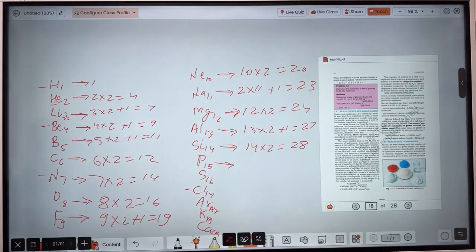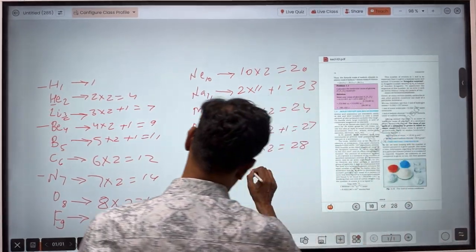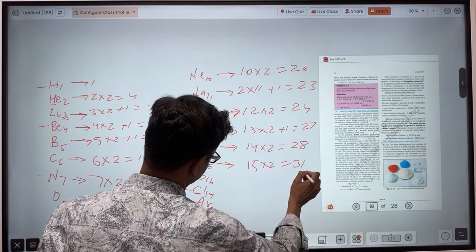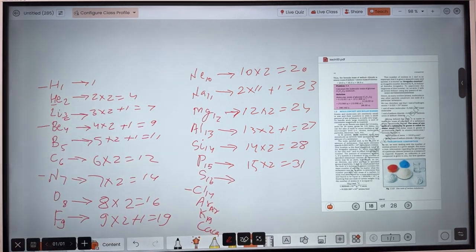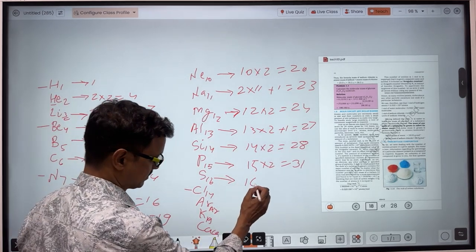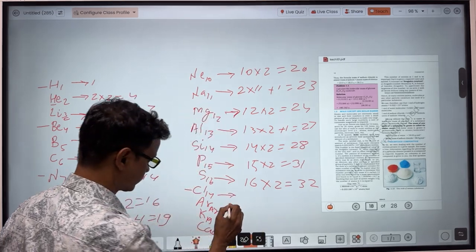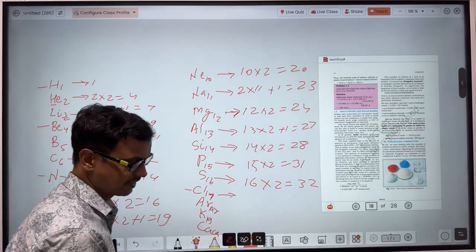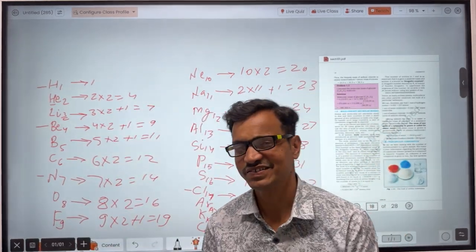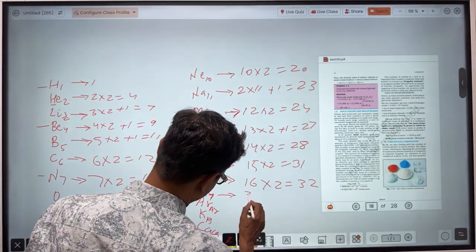Phosphorus 15, the atomic number is an odd number, so atomic weight will be 31. Sulfur 16 is an even number, so atomic weight will be 32. Chlorine 17, so atomic weight should be 17 into 2 plus 1, 35, but actually it is 35.5 here.